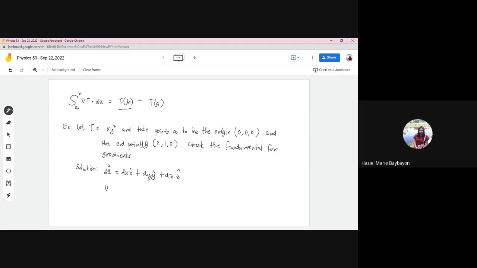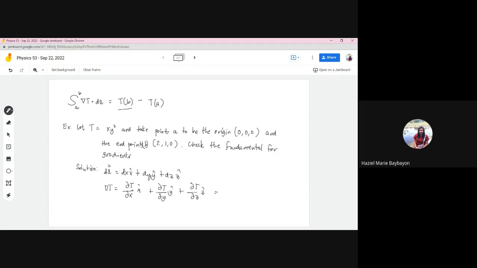So the gradient of T is equal to the partial derivative of T with respect to x, so it is a vector function, plus the partial derivative of T with respect to y hat, plus the partial derivative of T with respect to z hat.